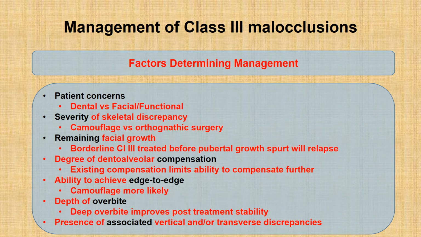Lack of overbite or a shallow bite will most likely cause relapse. And we also need to consider whether, apart from the AP discrepancy, there are any other associated vertical or transverse discrepancies. The presence of vertical or transverse discrepancies will make treatment more difficult, and most likely the patient will need orthodontic surgery.